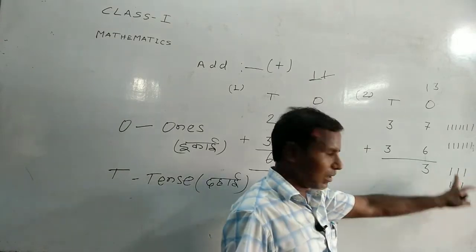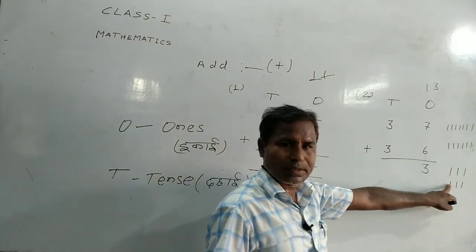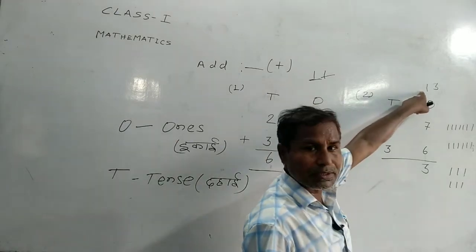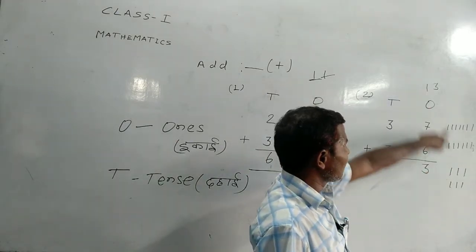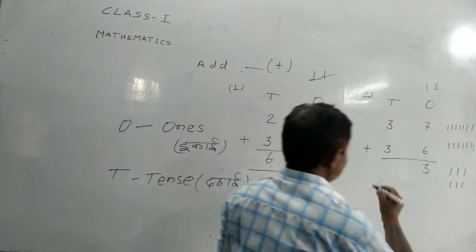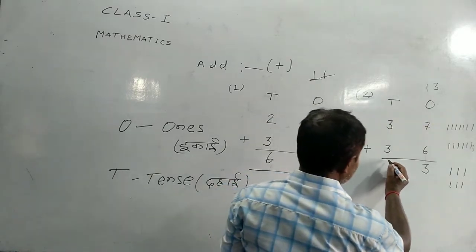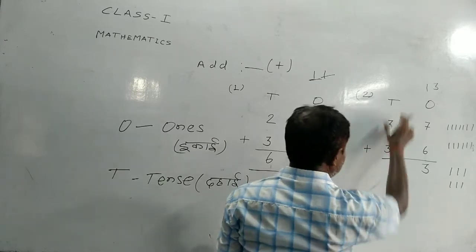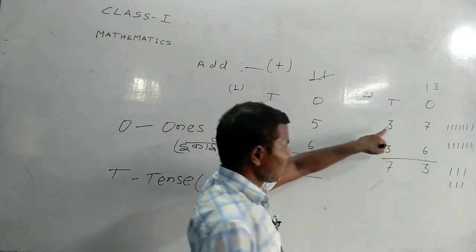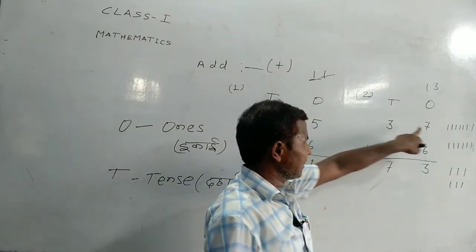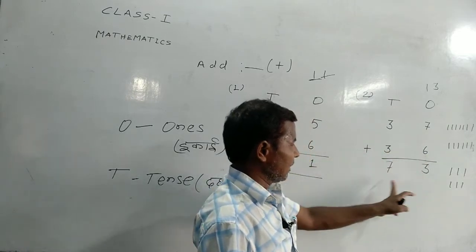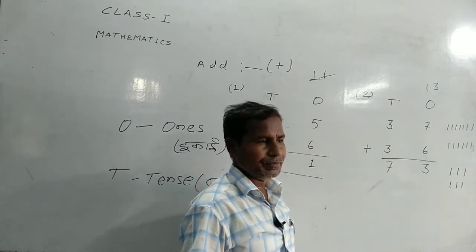The total number of lines is 6, and rest number is 1. 6 plus 1 is 7. 7 is written under tens. Now the sum of 37 and 36 is 73.